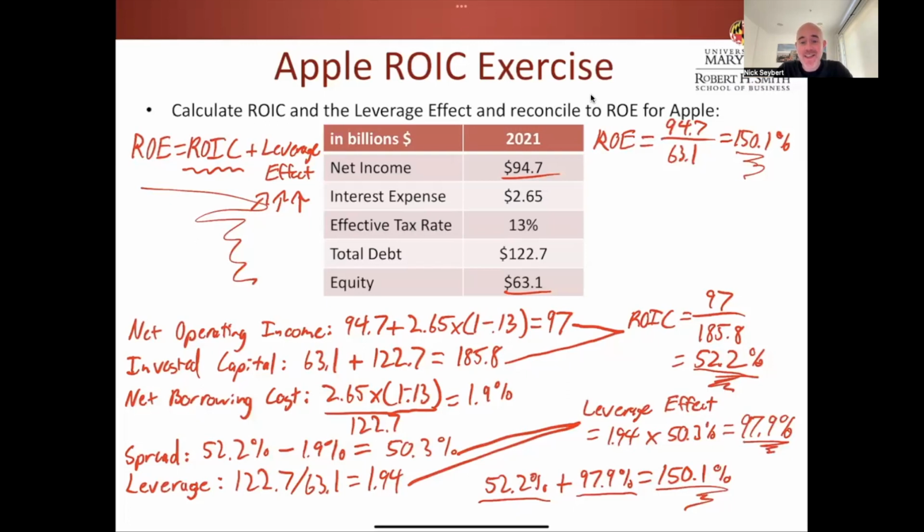And then they've got this really cheap debt at 1.9% that they invest, and they earn a 52.2% return. They turn around and pay the debt holders only the 1.9%. And then equity shareholders, right, the stock investors, can pocket all the rest. And that's the additional 97.9% leverage effect that we calculate here.